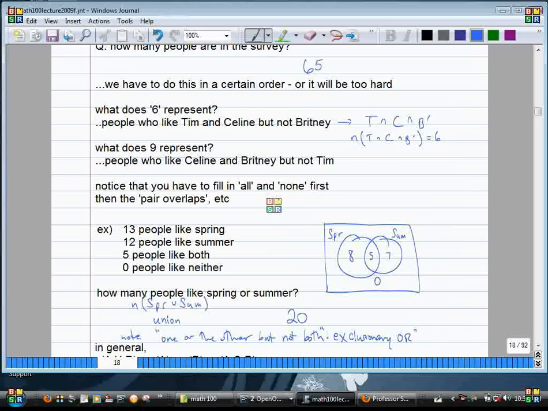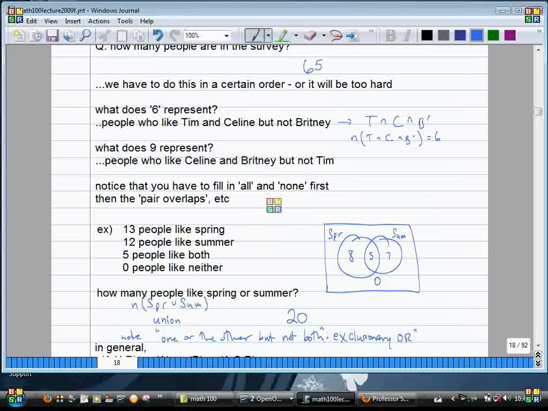So if you've got to make an exclusionary or, we're actually going to get to that later today. I usually don't include that because it's usually skipped, but I'll include it for you. Because really, so far we've talked about intersection and union.